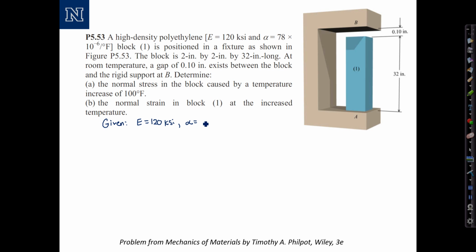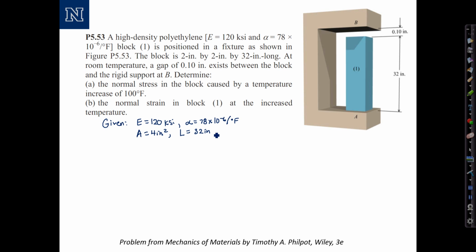The coefficient of thermal expansion alpha is 78 times 10 to the negative 6th per degrees Fahrenheit. We're given dimensions, 2 by 2 inch block, so the cross-sectional area there would be 4 inches squared. The length of the block would be 32 inches.